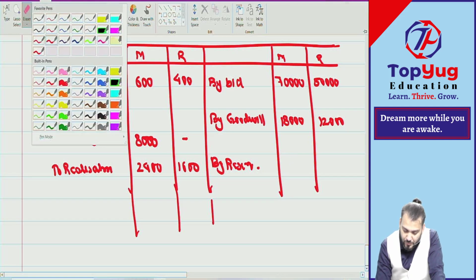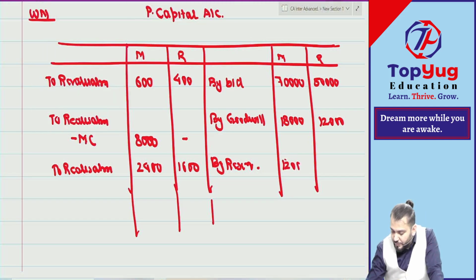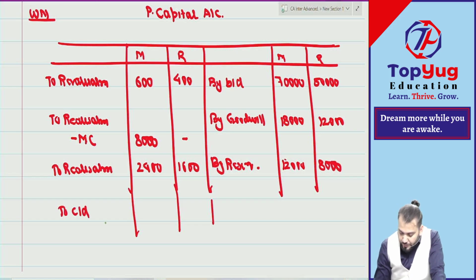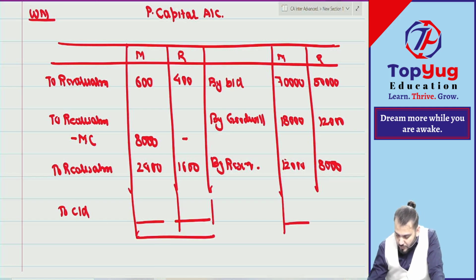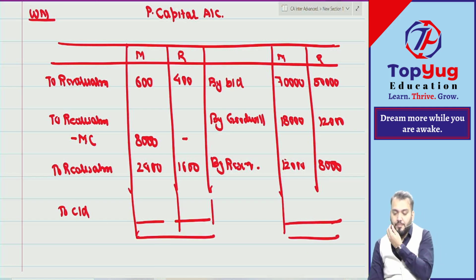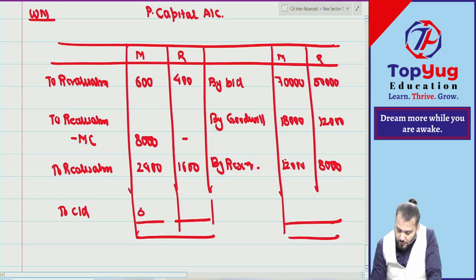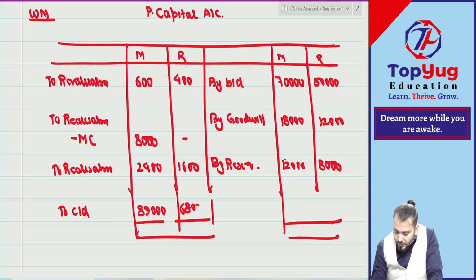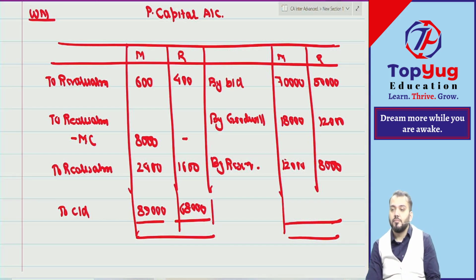Done. Can you give me the balance? Two carried down: 89,000 and 68,000. Correct.